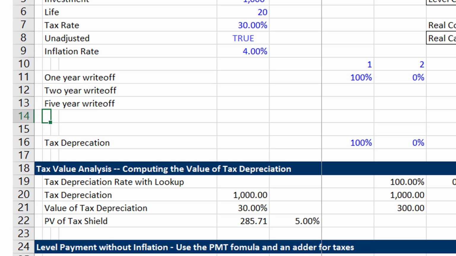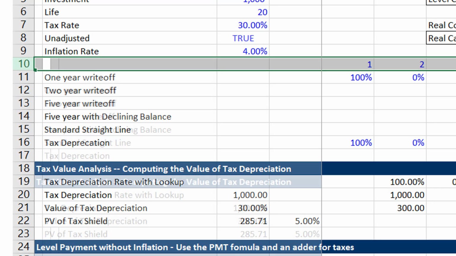And then let's put a 5-year with declining balance. And then let's put a standard straight line. And then here's our tax depreciation.